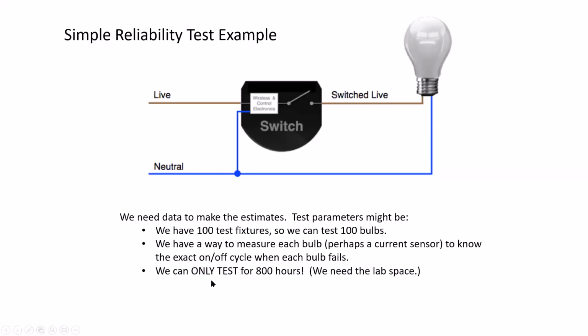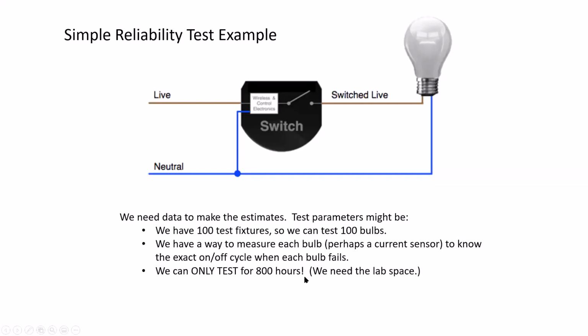The other requirement is that we can only test for 800 hours. So remember, one of the questions might be how many of these things are going to fail by 1100? Well, we only have 800 hours to perform this. I'm sorry, I said 800 hours. This should be cycles, on-off cycles. That's as many as we think we can do before we need to get the lab space back.